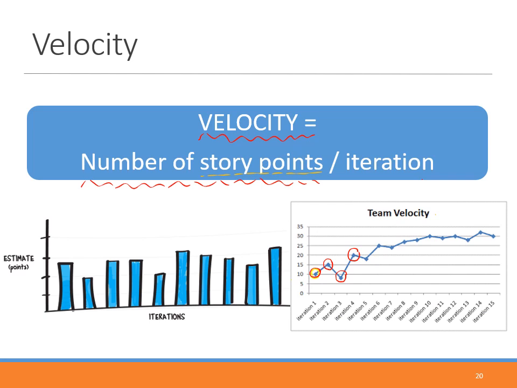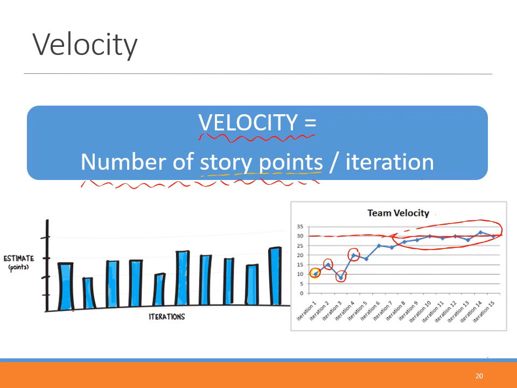And once the team is stable, members are not changing, and you know how to work together pretty well, you understand each other, then velocity should be pretty stable. And once you know the velocity and it is already very stable, let's say that here the team velocity is about 30. Then you can use this to estimate your sprint easily.